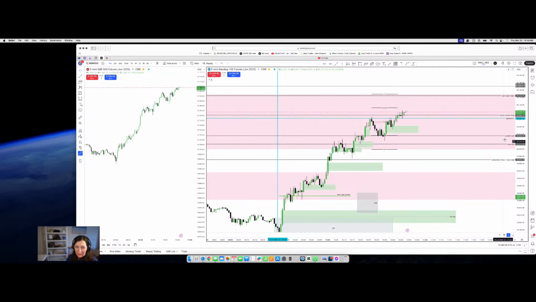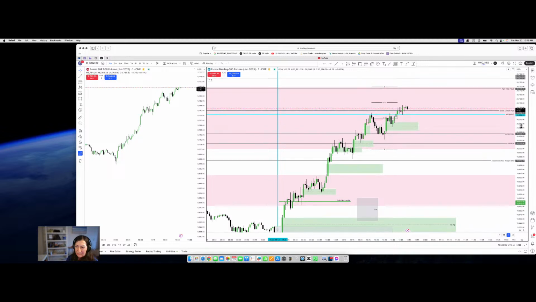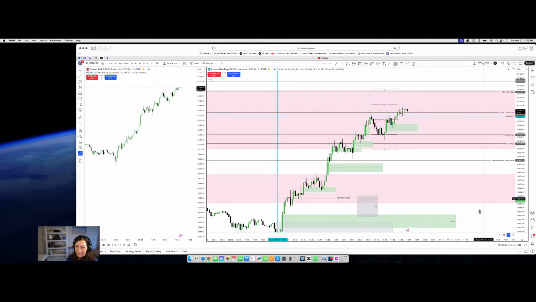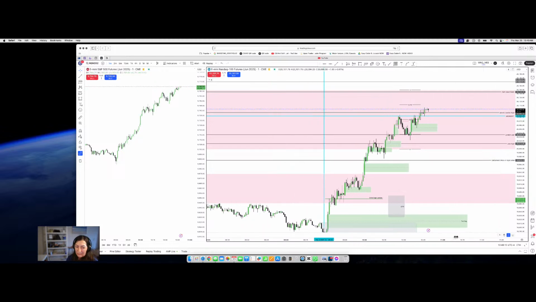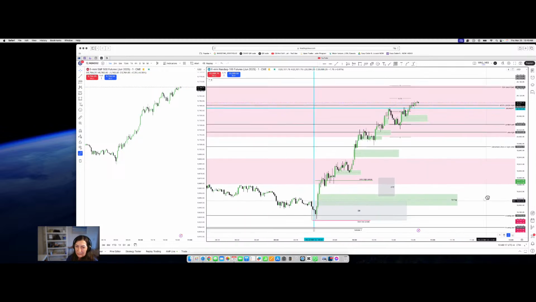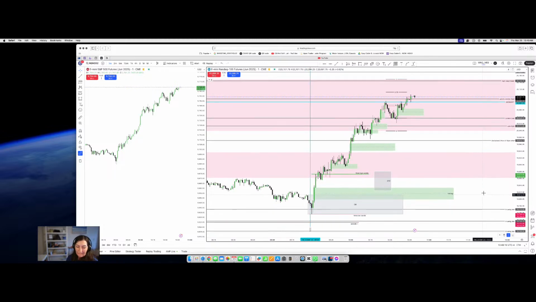We're just below the 75% level of this SIBI. Yes, right in sync with NQ this morning.